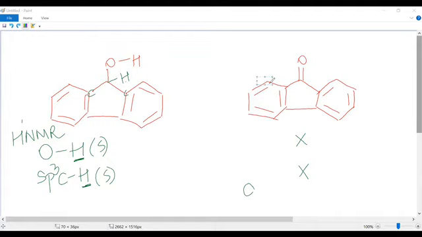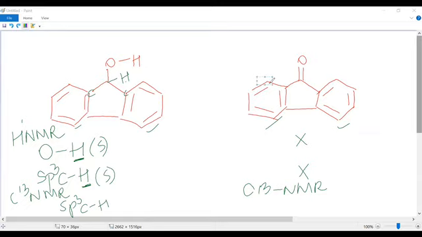In your carbon-13 NMR, besides having the aromatic peaks, you will see an sp3 CH peak between 0 and 60 ppm.